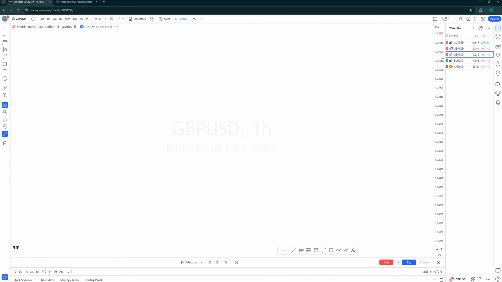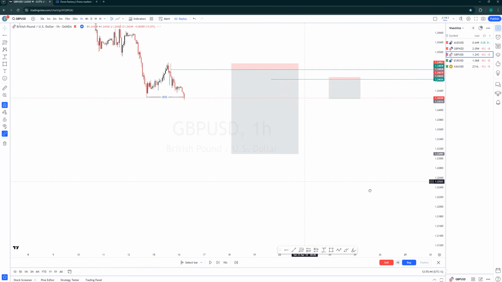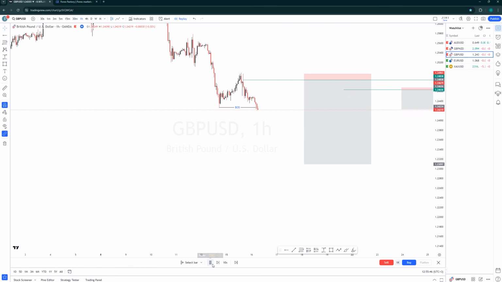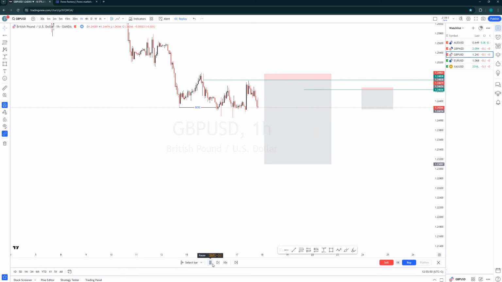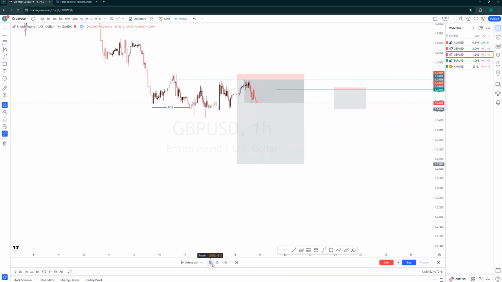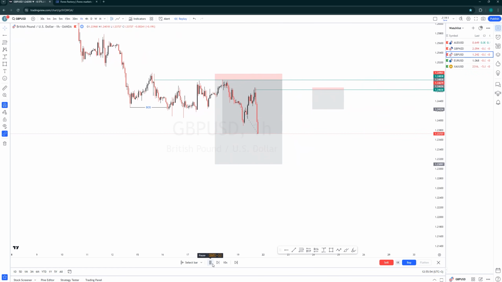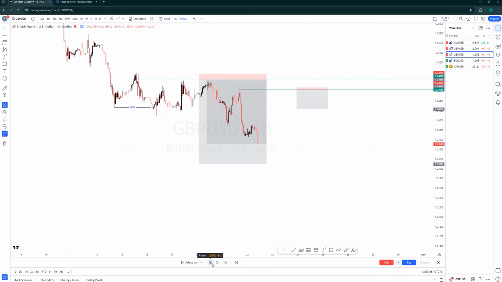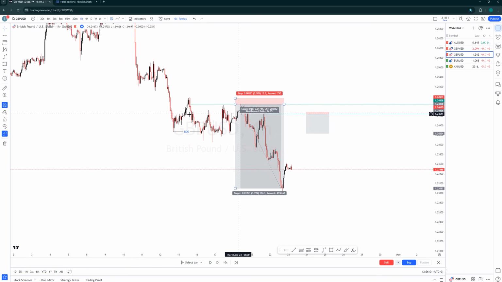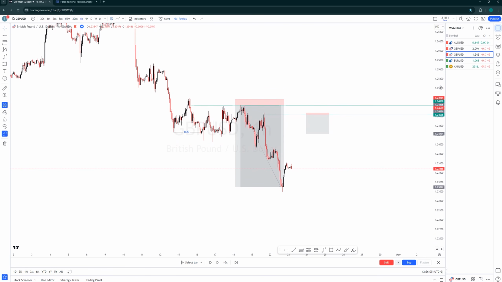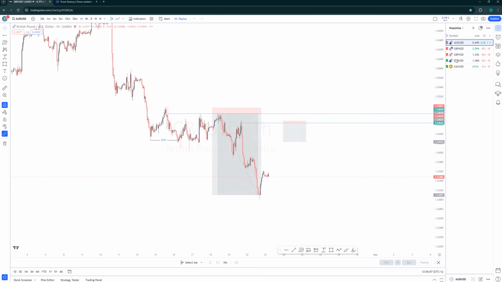So this is where we took this entry. And as you can see, after the break of market structure, the market came and took that entry and then sold to that point. So that is how we managed to take this GBP USD.